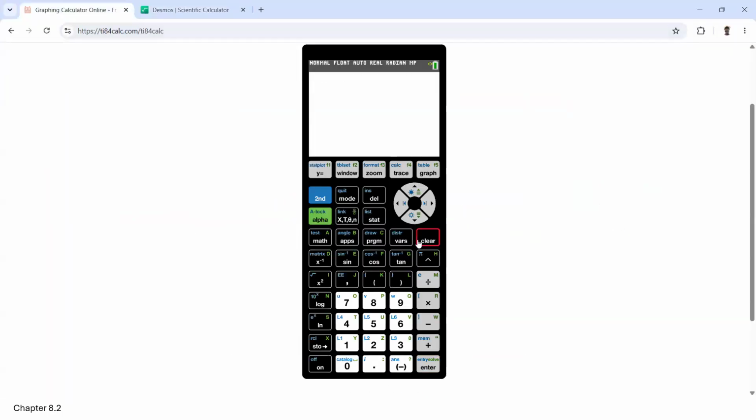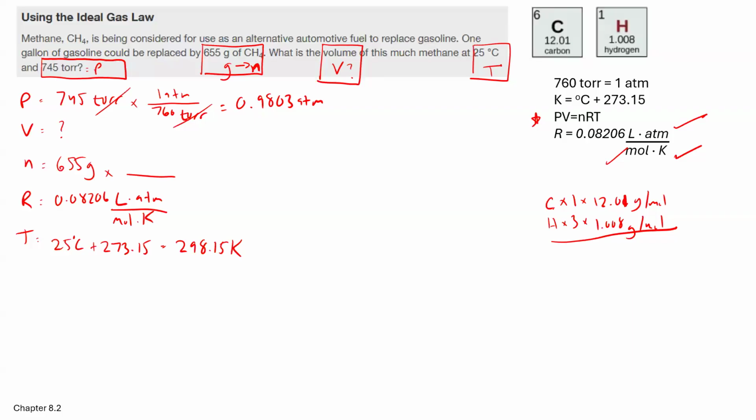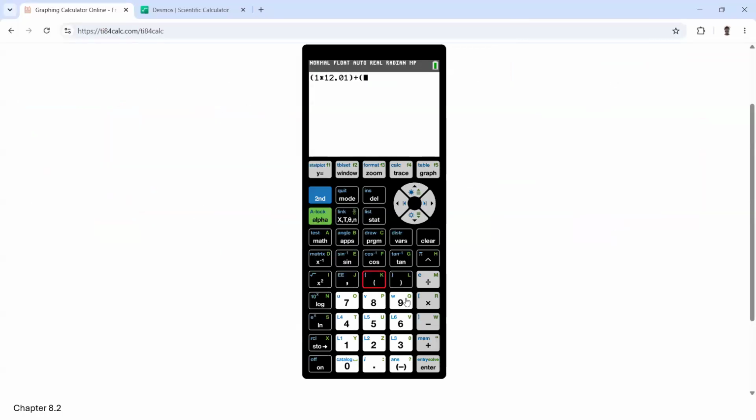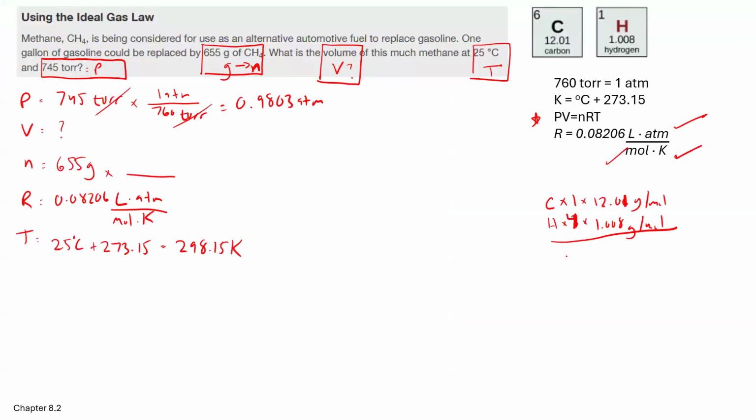So let's clear this. Parentheses 1 times 12.01, close parentheses, plus, oh, I think there's supposed to be 4 hydrogens, my bad, CH4, right? So CH4, so we have 4 times 1.008, close parentheses, and we have 16.042 grams per mole.